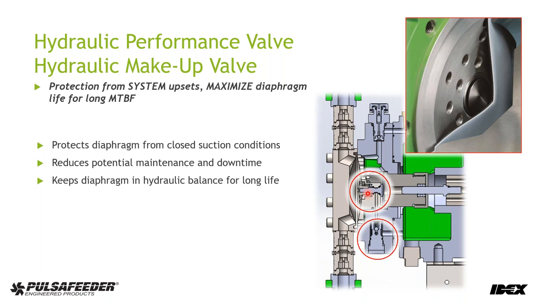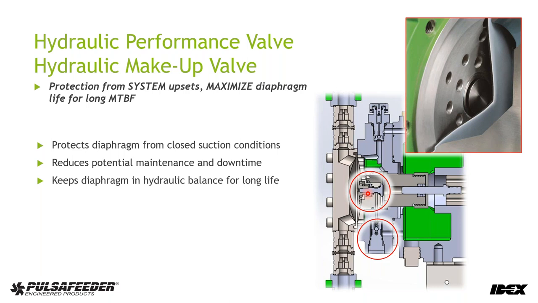That diaphragm can last for millions of cycles, but if there's an error or someone does something, the diaphragm can be damaged. And so we want to make sure that for our customers, downtime because of this kind of problem and maintenance costs are minimized when there's an accidental blockage in the suction side of the pump.